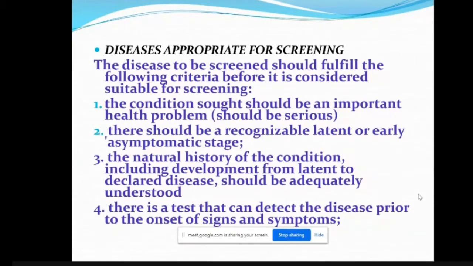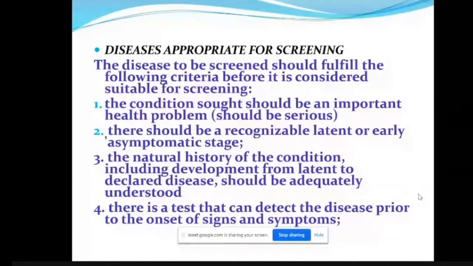For example, a disease with high prevalence in the community or a high fatality rate. Also, there should be a recognizable latent or early asymptomatic stage, because at this period we are going to apply our screening test. Also, we should have good information about the natural history of the disease.